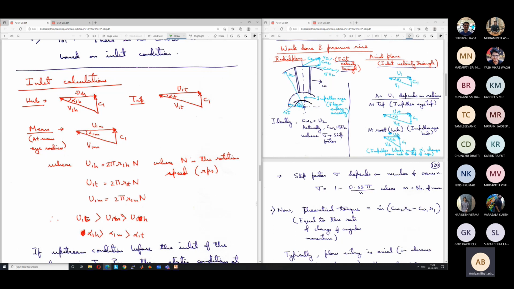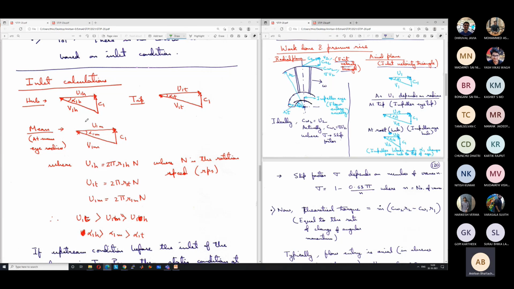At the hub, it is going to be U1H, which will be lower than the blade velocity at the tip, because here the radius is small, here the radius is large, and the mean velocity is in between the hub and tip velocity.